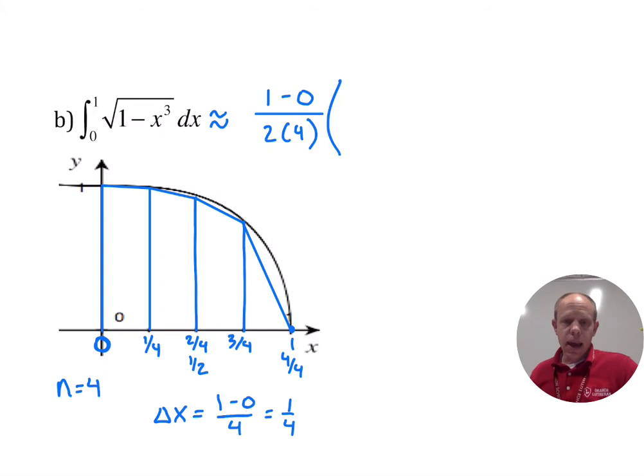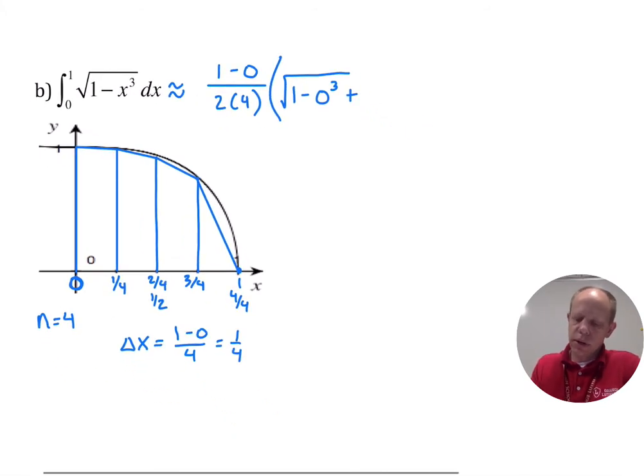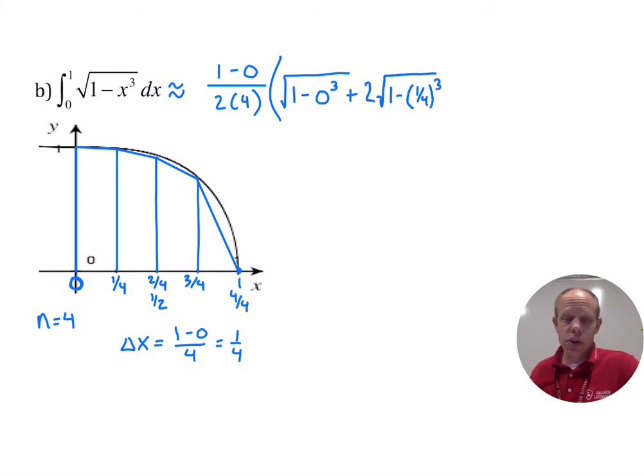Okay. Now, we only want one of the first y value, and so that's going to be the square root of 1 minus 0 cubed. Now we want 2 of all the ones on the interior. So we want 2 times the square root of 1 minus 1/4 cubed. So we just have to plug that into the function.